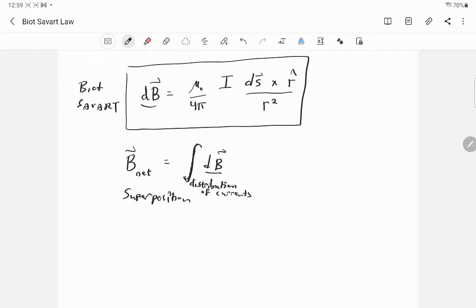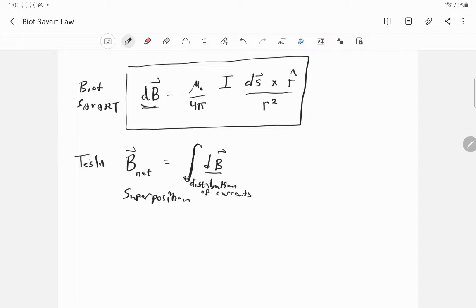Notice that what I have written down is actually a vector, but its length or its amount is infinitesimal in the calculus sense. So it makes sense that I can integrate it. That is, I can add up an infinite number of these infinitely small amounts of magnetic field and still expect a macroscopic but finite value of field. The B field has an SI unit of Tesla.